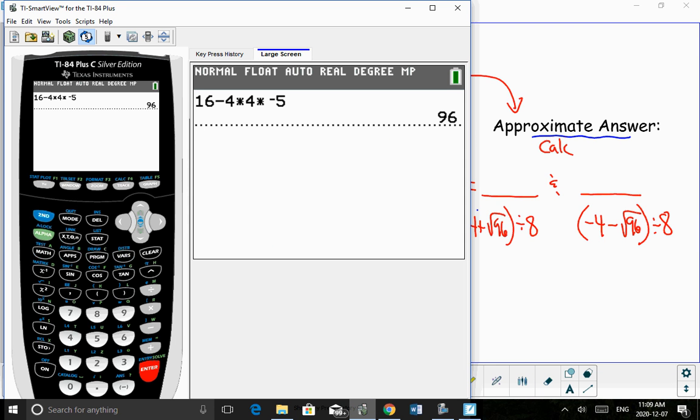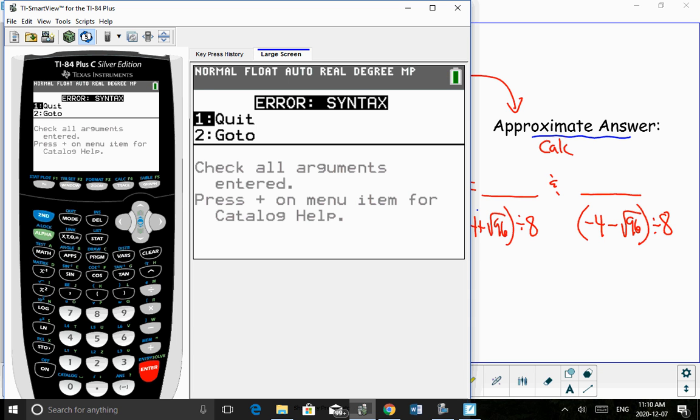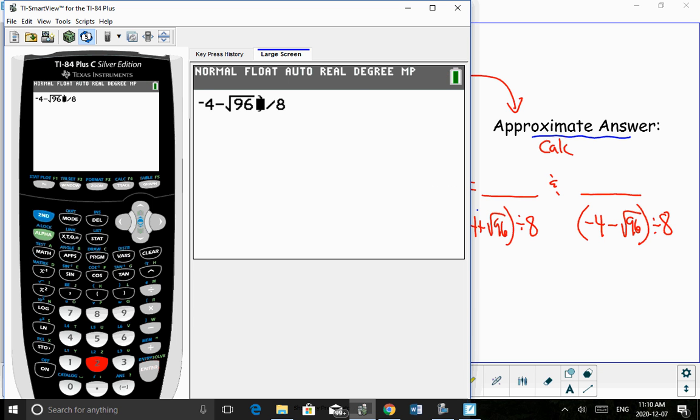So we've got negative 4 plus root 96, and then divided by 8. And then you've got negative 4 minus root 96 divided by 8. So my two x-intercepts are, whoops, I punched something in wrong here.